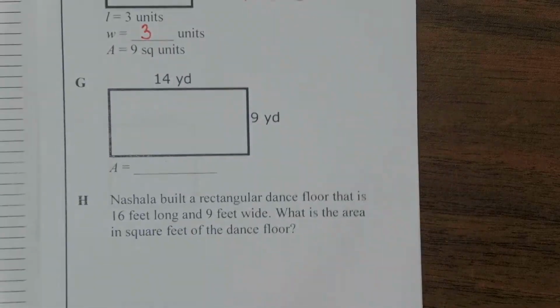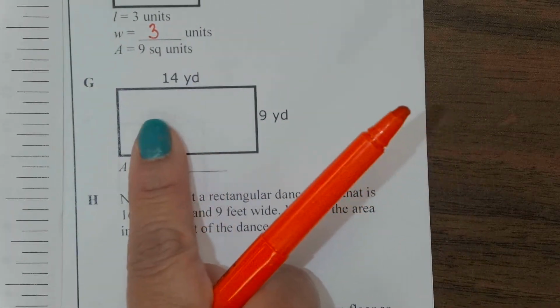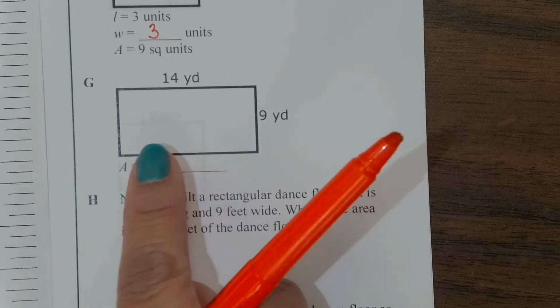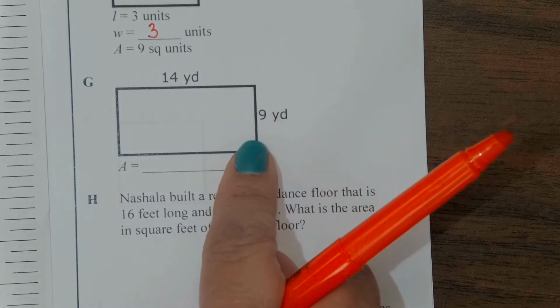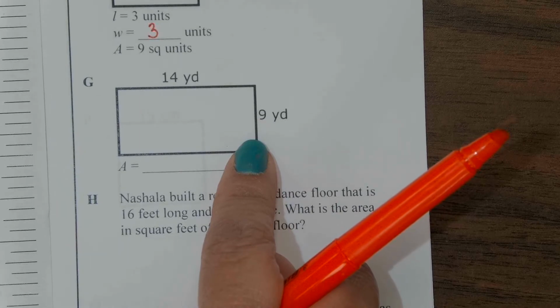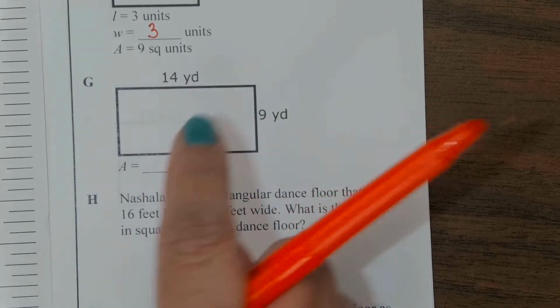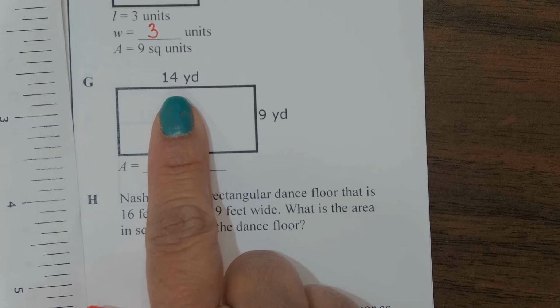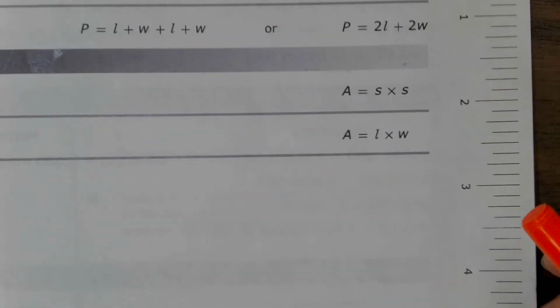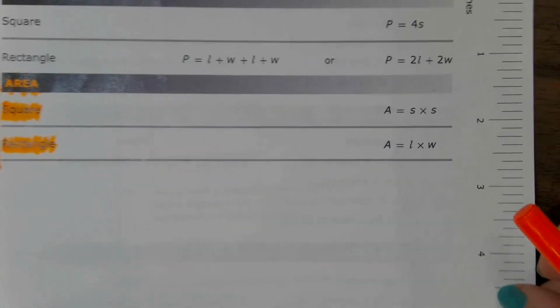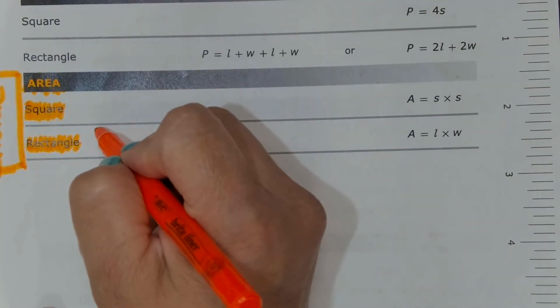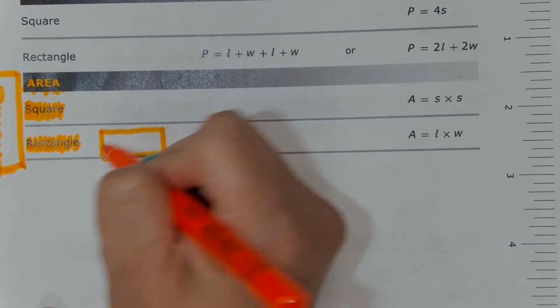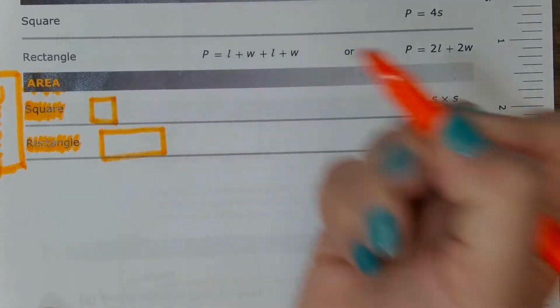Okay, so on letter G, let's look at this one. Is it a square or a rectangle? Well, it's a rectangle, right? Because my length is 14, my width is 9, so they are not congruent, right? They're not the same. So we know that it's going to be a rectangle. So if I look at my reference chart, here is my rectangle, and I would draw a square right there.